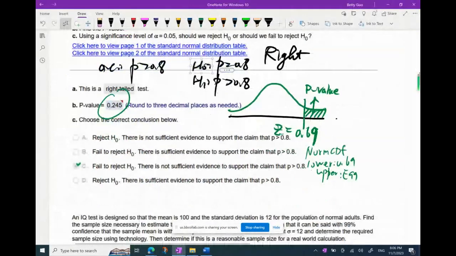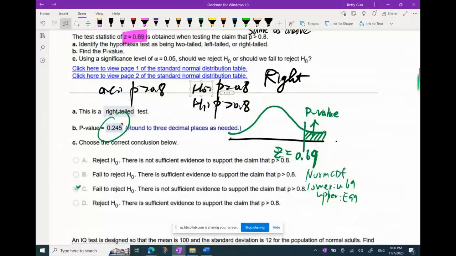And the multiple choice question, part C. Choose the correct conclusion. If we compare our p-value with our significance level, the p-value is very high, almost 25%, a quarter. Oh my gosh, it's a lot bigger than alpha. So p-value is high, null must fly. Fly means you fail to reject the null. So fail to reject.